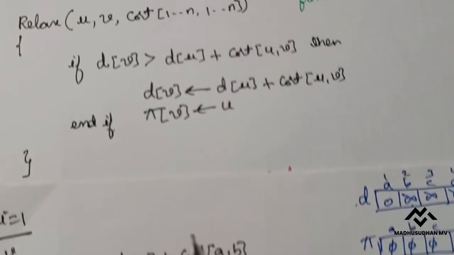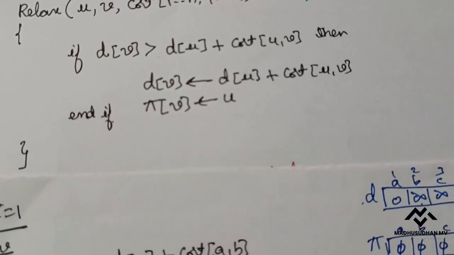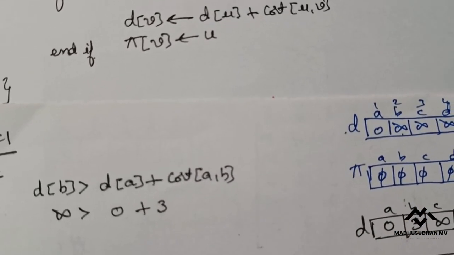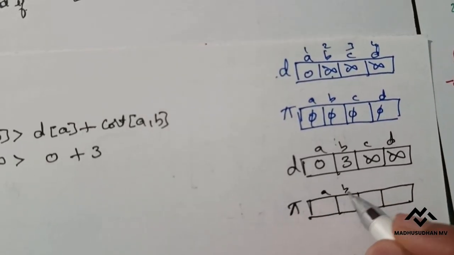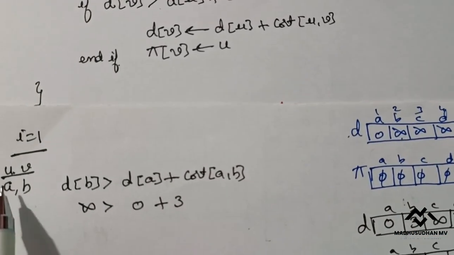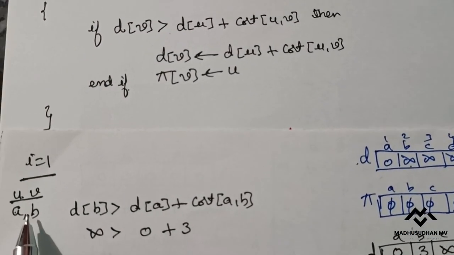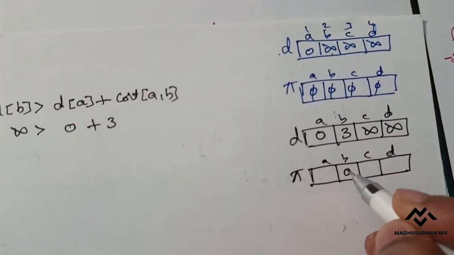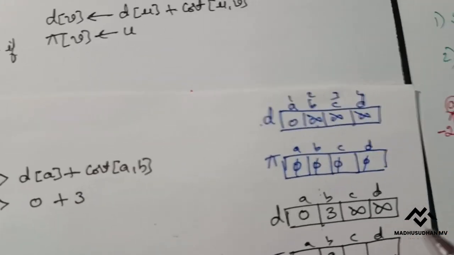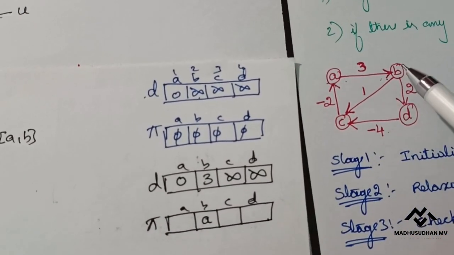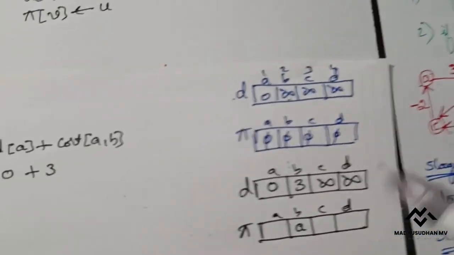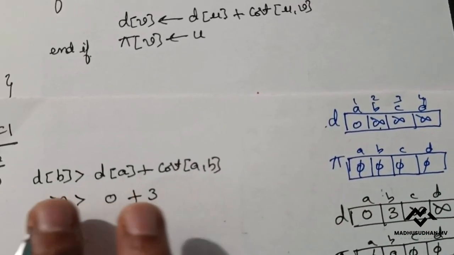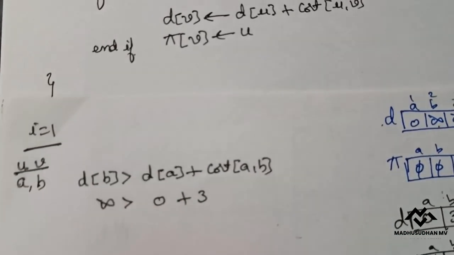After that, pi of V is equal to U. Here U is A, V is B, so pi of B is equal to A. That means I am reaching B from A. This is the meaning. The remaining is null only. This is for i equal to 1, that is edge A comma B.